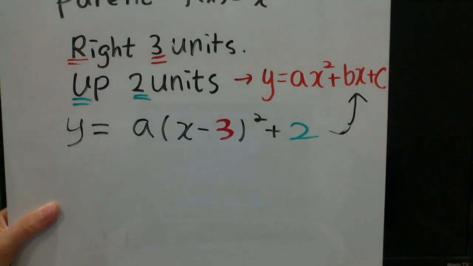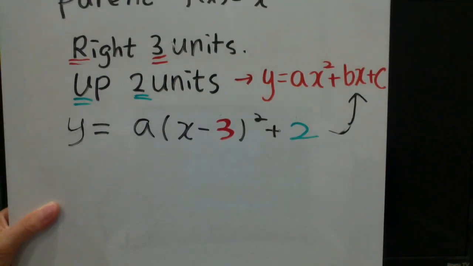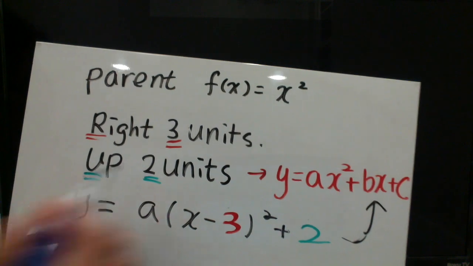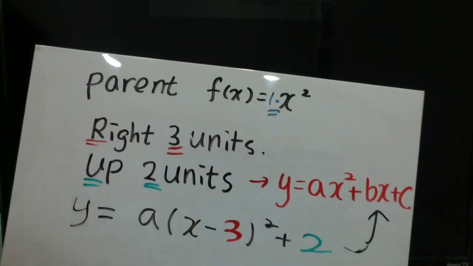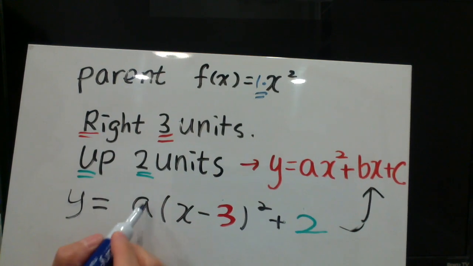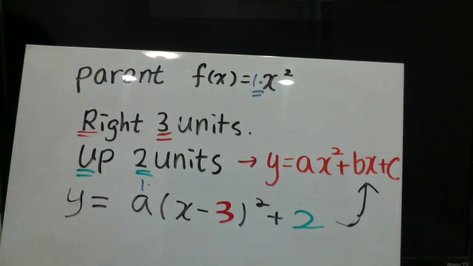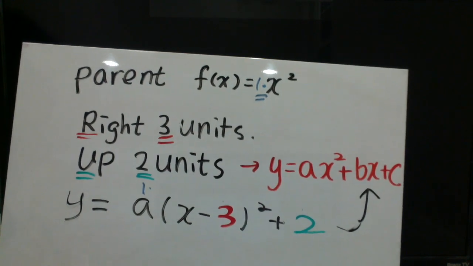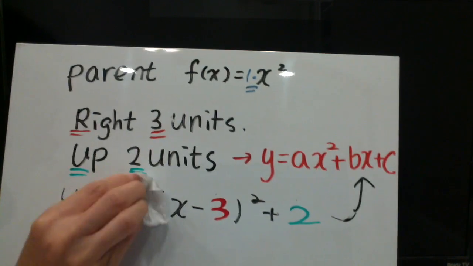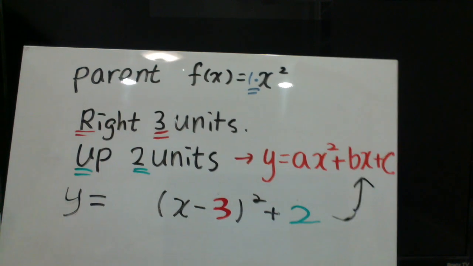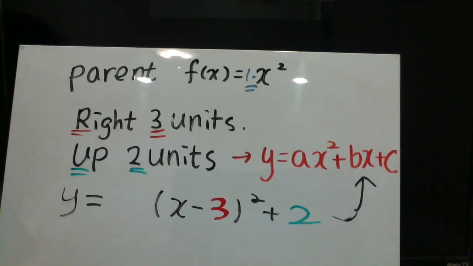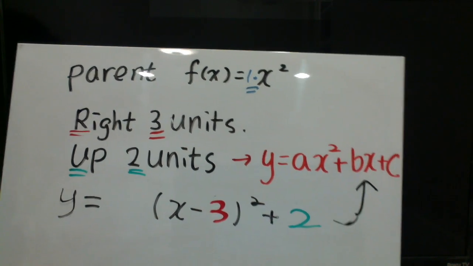How do we know the a? Look at the parent function. This is 1 here, right? So we'll have the same 1. It's gotta be 1. So what do we do? We just don't write anything, because we assume everyone agreed there is a 1. We just assume that's 1. Okay, you don't need to write anything.